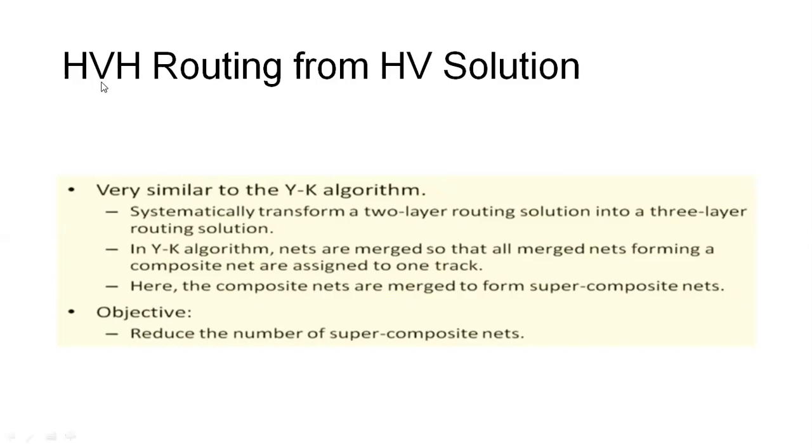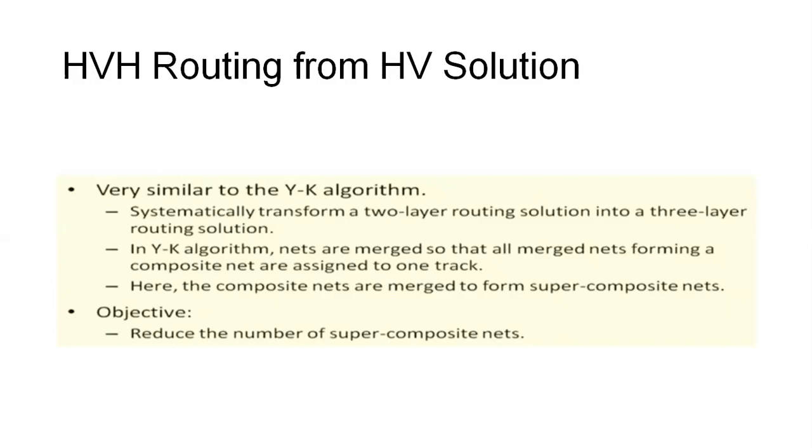So when you make a composite net, as per your Yoshimuraku algorithm, you can lay out these composite nets in layer 1 or layer 3. So this layer 1 and 3 both allow horizontal segments to be run.